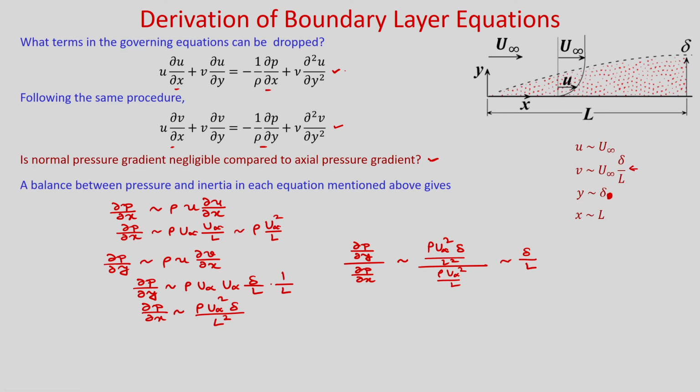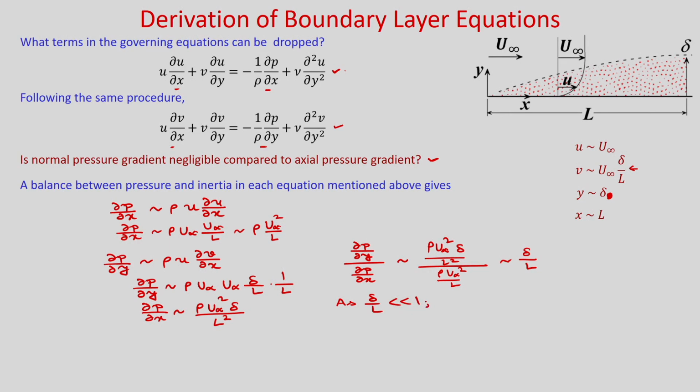So, from here you can see that delta by L we have assumed as much smaller than 1. So, obviously, your del p by del y will be much smaller than del p by del x. Okay. So, you can see as delta by L is much smaller than 1.